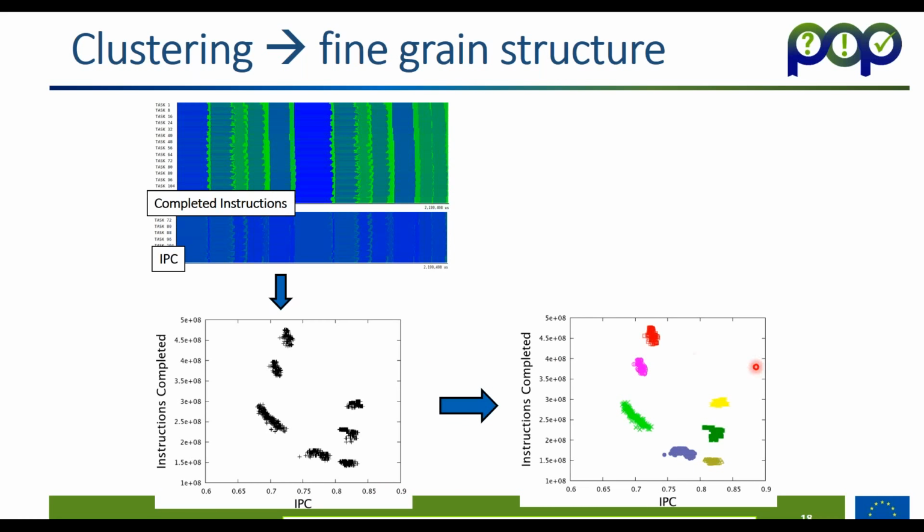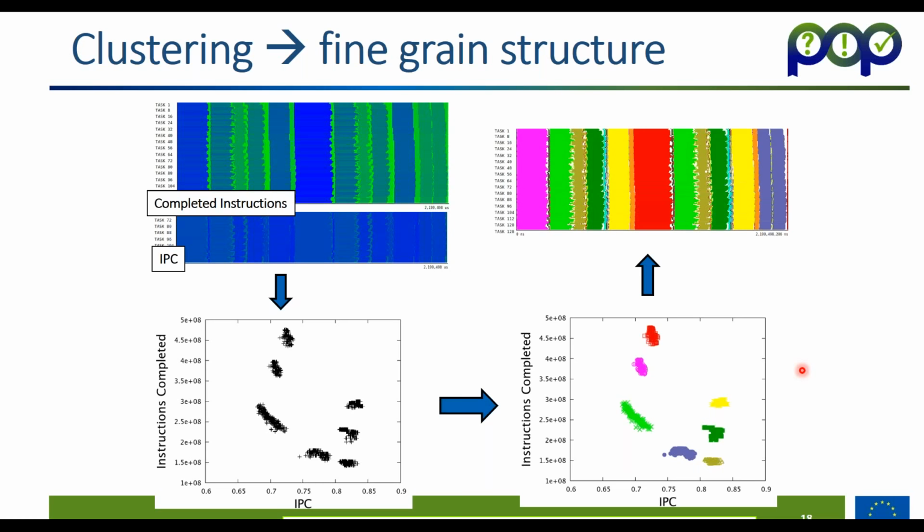In our case, we use a density-based clustering, and it can be fed back into the timeline, and we can see the structural behavior of the application along time and along processes. It is typical to have the situation of a bulk synchronous application, everybody doing the same type of computation at a given point in time, and then shifting to the next one and to the next one.